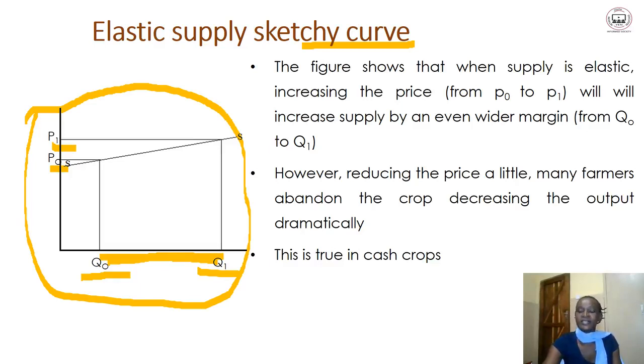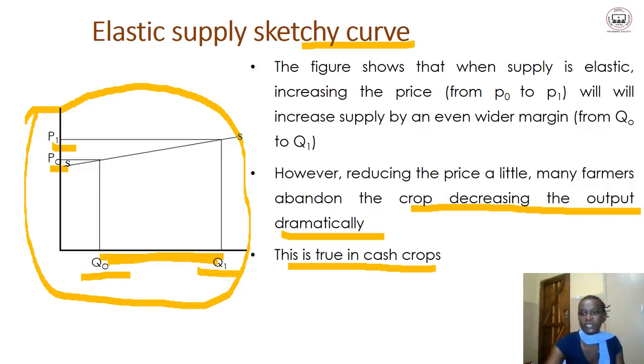But suddenly they reduced the price a little bit on the same tobacco, and most of the people abandoned the crop, thereby decreasing the output dramatically. So for cash crops, if you change the price just a little bit, whether by increasing or decreasing, that will lead to a dramatic change in quantity supplied of the commodity.